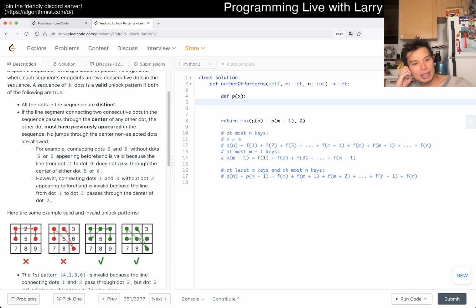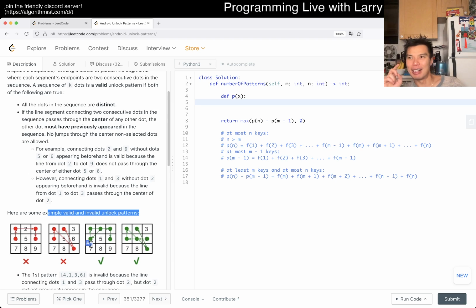Also, I just want to say one thing: by symmetry, there are only a couple of moves you can make. You can make one-step moves, up, down, left, right, and diagonals. And then the two-step moves are only the horse moves, right?